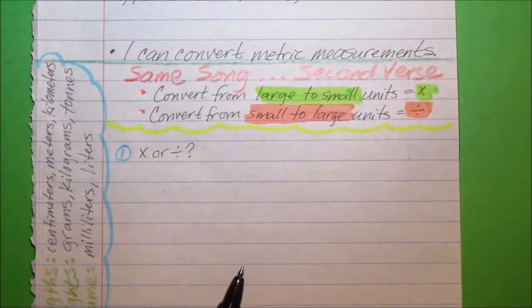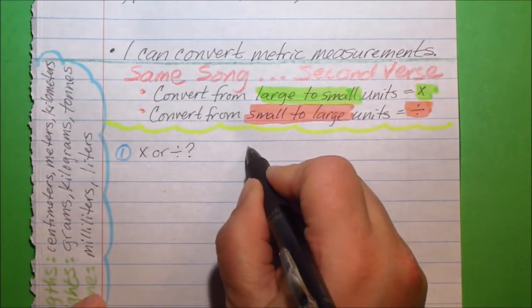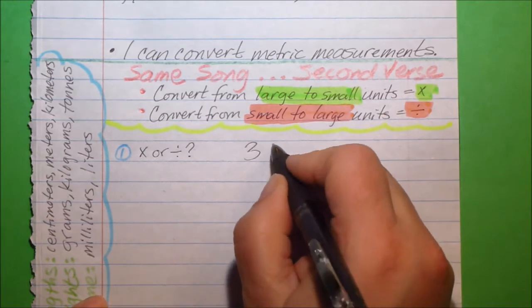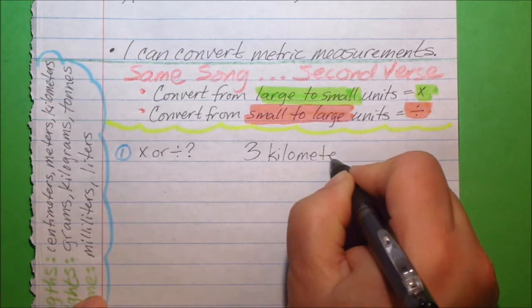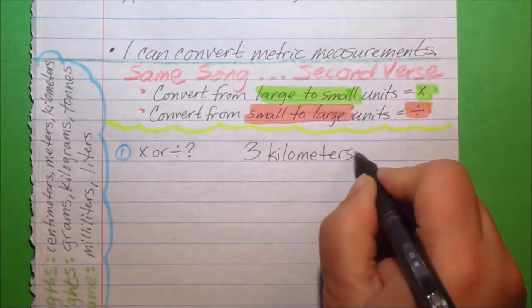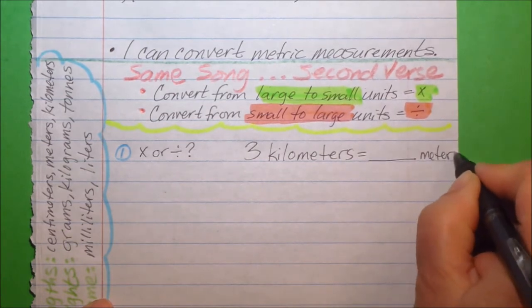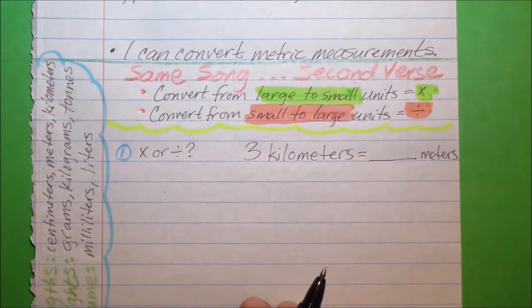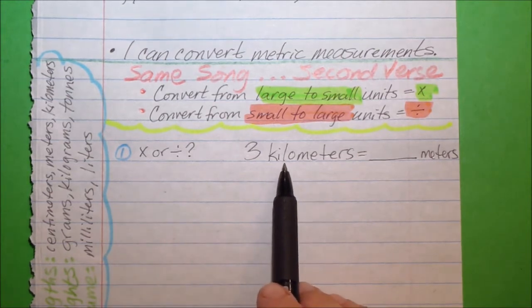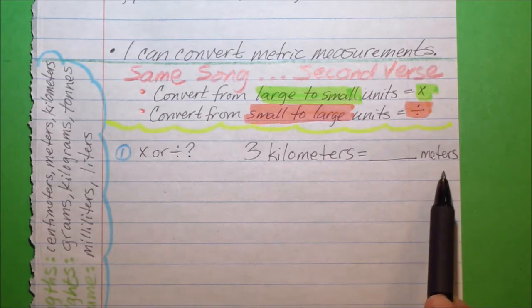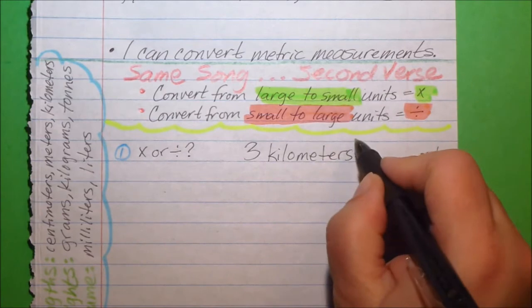Well, here's the first problem we're going to work on. 3 kilometers equals how many meters? Well, the first thing we need to know is, are we going to multiply or divide? A kilometer is a larger unit than a meter, okay? And so I'm moving from larger to smaller, so that means I'm going to multiply.